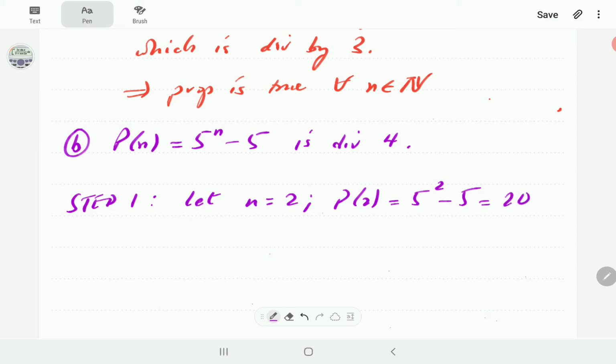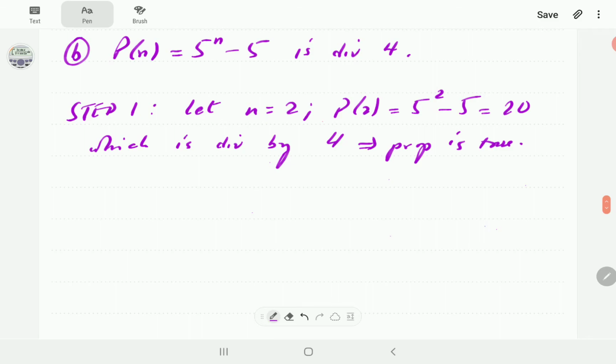This gives us 20, which is divisible by 4. So the proposition is true. Then we're going to go to step number 2, which is the hypothesis step.